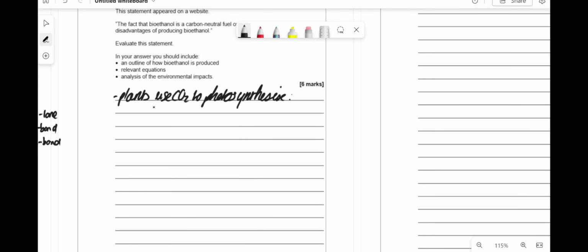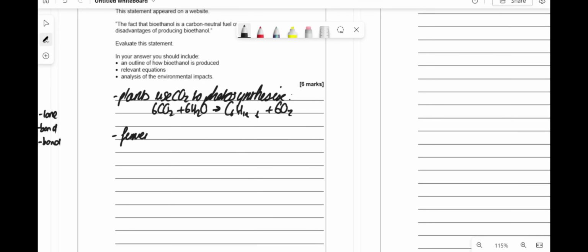So the equation for this is 6CO2 + 6H2O gives you C6H12O6 + 6O2. So the next thought is that we take this glucose and then we convert it into ethanol. So when we do that, you're doing fermentation.